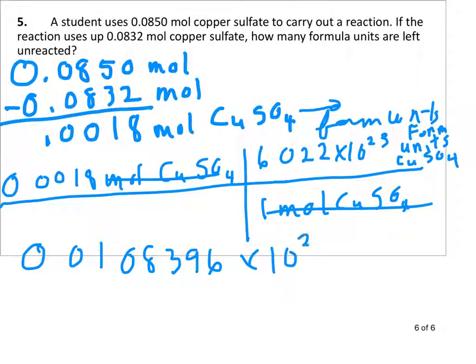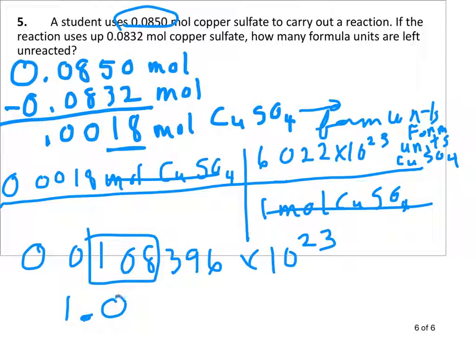Times 10 to the 23rd. Would make sense to do 2 sig figs because of that, but I'm going to go back to what we started with and use 3. The 3 would be here, so I'm going to change that to 1.08 times 10 to the, move my decimal twice, making this number bigger.